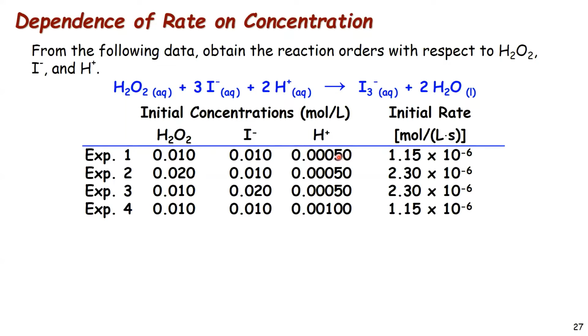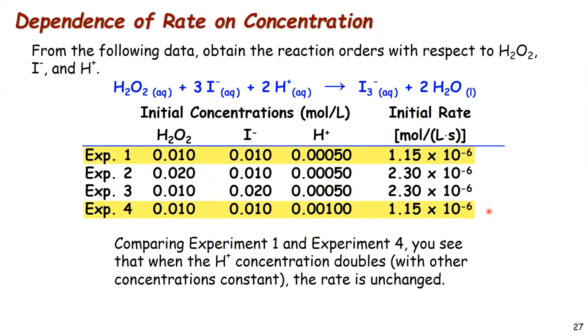Okay, because it went from 0.005 to 0.001, but in 1 and 4, that remained the same, that remained the same. Okay, Kayla, what happened to the concentration of the hydrogen ion going from experiment 1 to 4? It doubled. What happened to the rate? Oh, it didn't change. So what's the order then of the hydrogen ion?